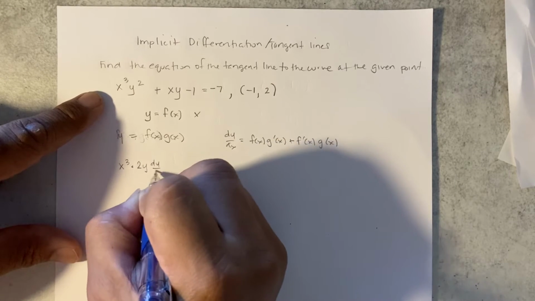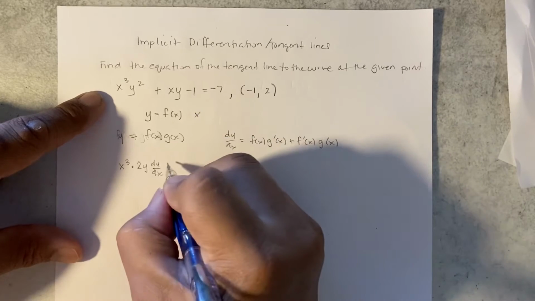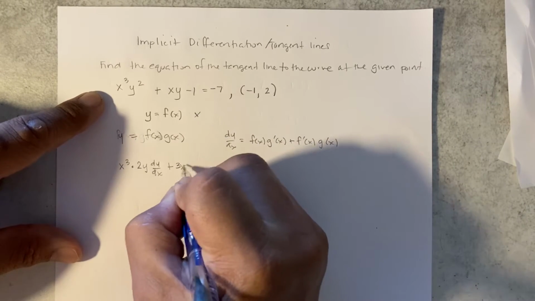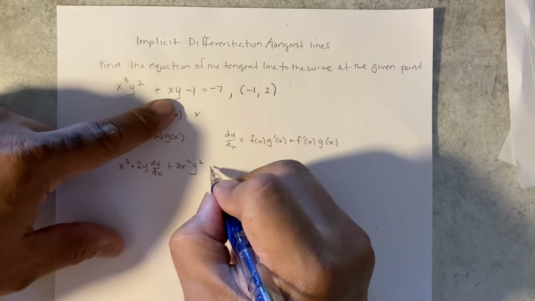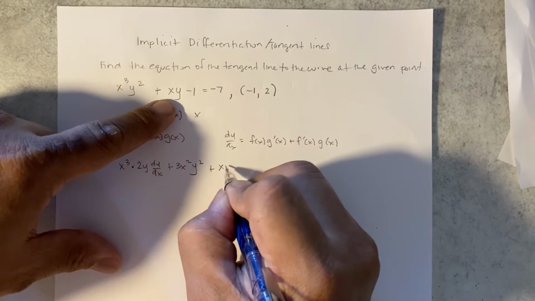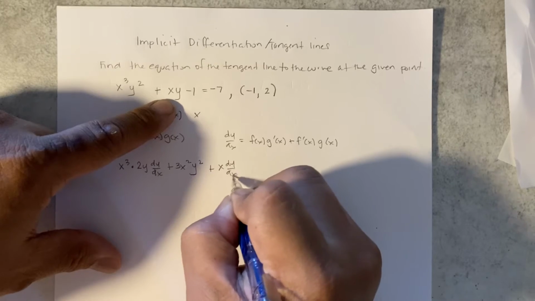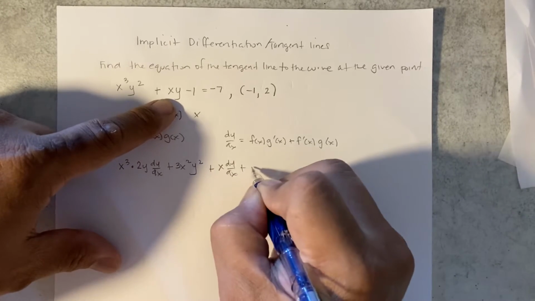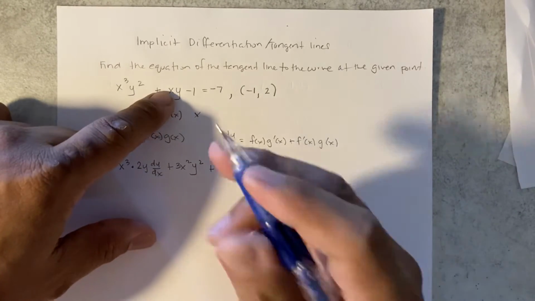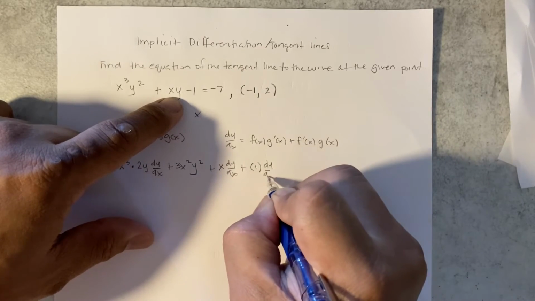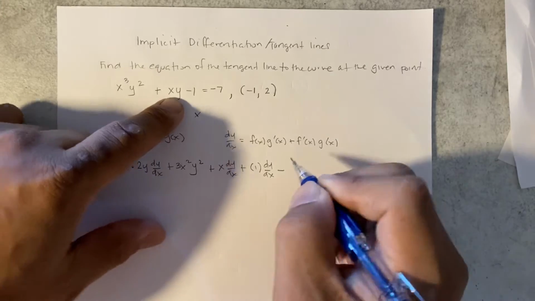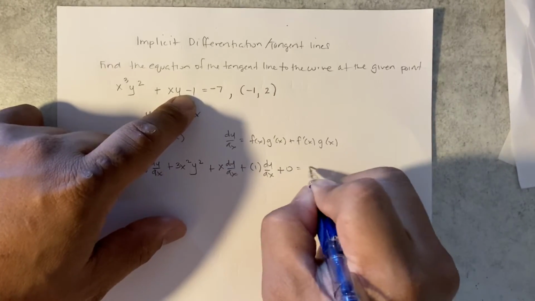So we're gonna go the first times the derivative of the second. Here's your chain rule. Plus the derivative of the first times the second. The next one, the first times the derivative of the second plus the derivative of the first, which is x, that function. Derivative of x is 1 times the derivative of the second. Derivative of a constant is just 0 equals 0 here.